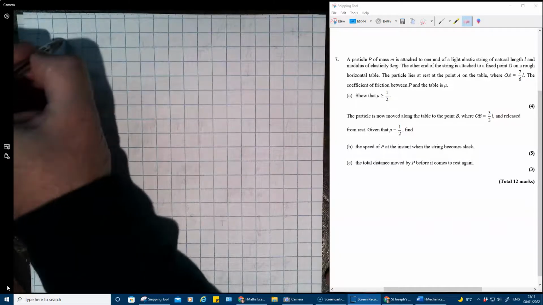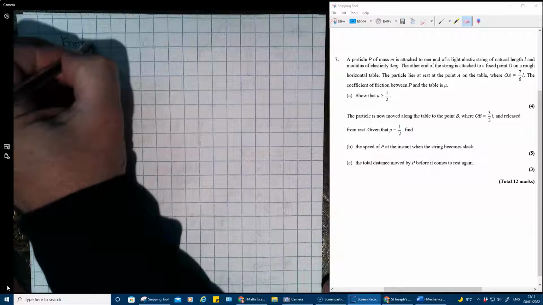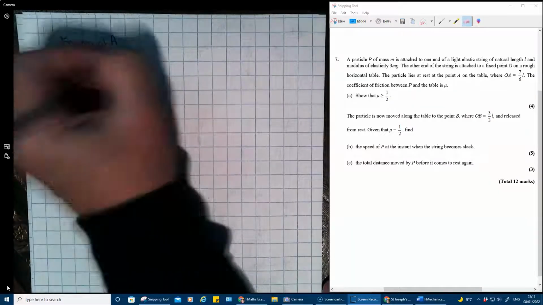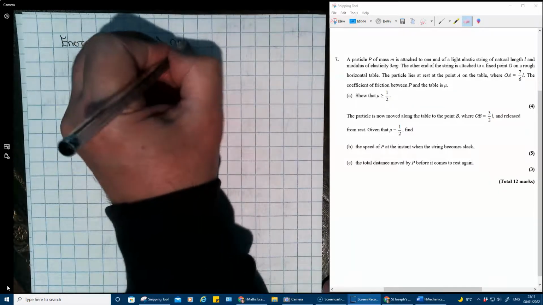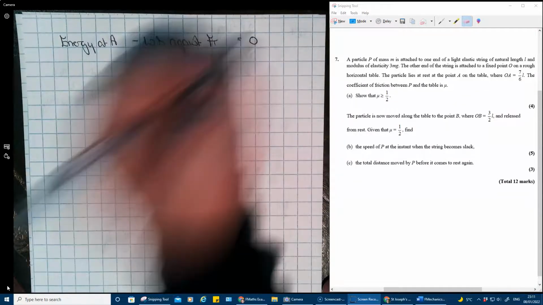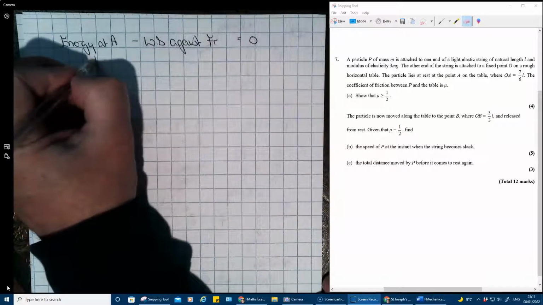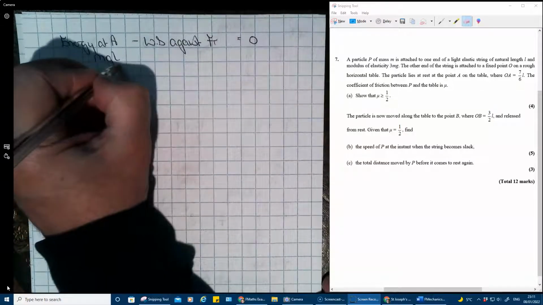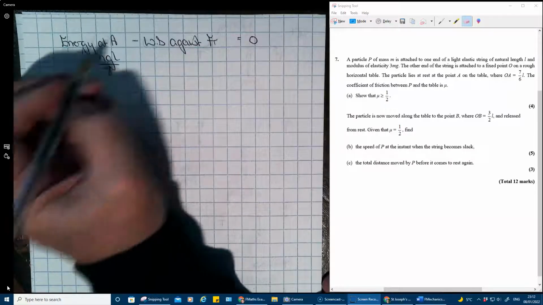Let's do energy at A, take away work done against friction equals 0 because it stops. Energy at A we know is mgL over 8, from the previous part.